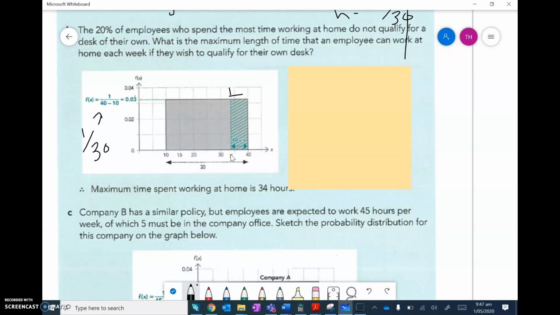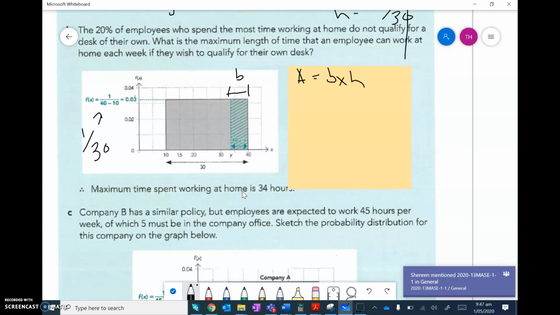So I want to work out the length of this, the base. To work out how wide that is, and however wide it is, I'm going to take it off 40. So I know that area is equal to base times height.